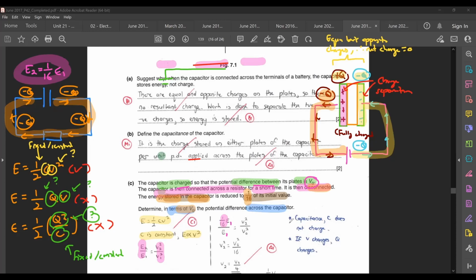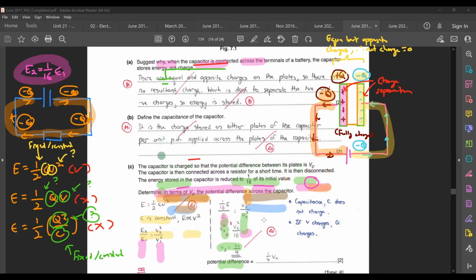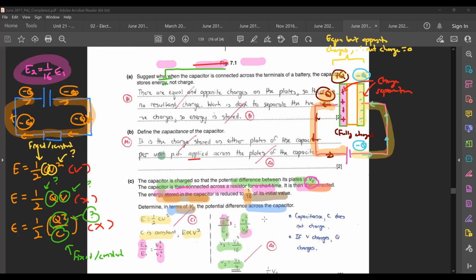So V1 you already know is actually just V0. Okay, so I put it as V0 squared here because it's V1 squared. Right? So you try to solve this equation, eventually you will get the answer as V0 over 4. Okay, this is the new PD on your capacitor right now after it has discharged some of its energy away.